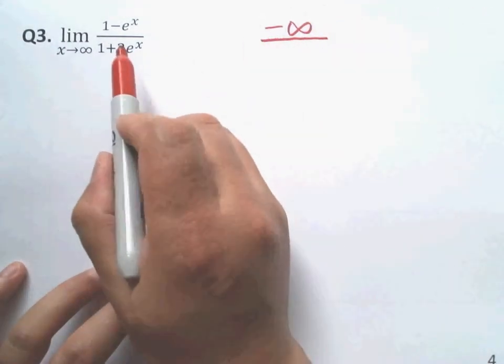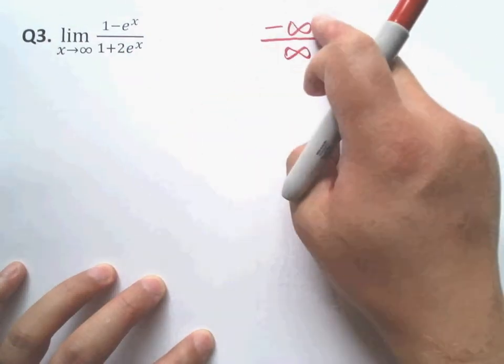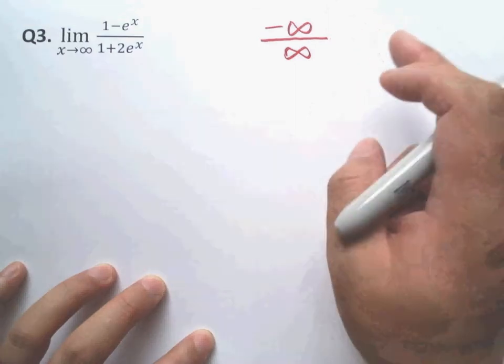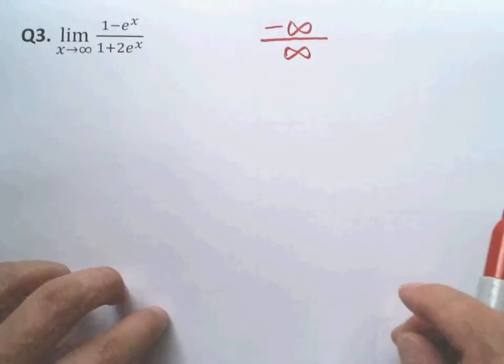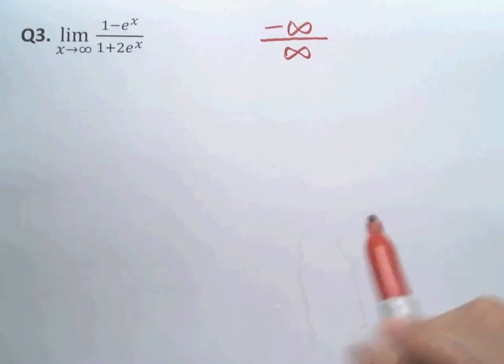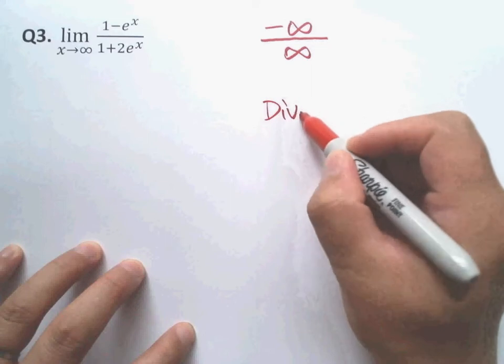What is the bottom? The bottom is infinity. Don't care about the negative. Infinity over infinity is already indeterminate. So now what are we going to do? The same idea.